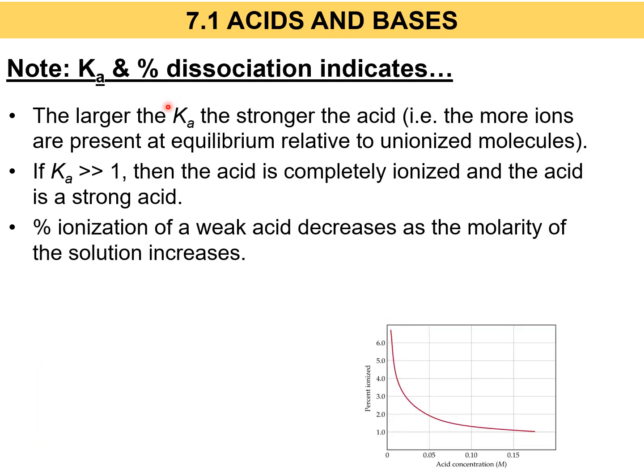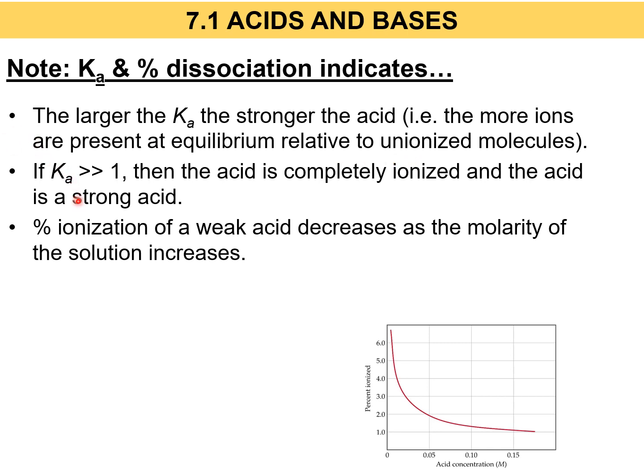Okay, previously we have learned a statement saying that the higher the Ka value, it means the acid will be stronger, although it is a weak acid, the strength of the acid is stronger. Okay, that means more ions are present at equilibrium relative to the weak acid, or the unionized molecule.